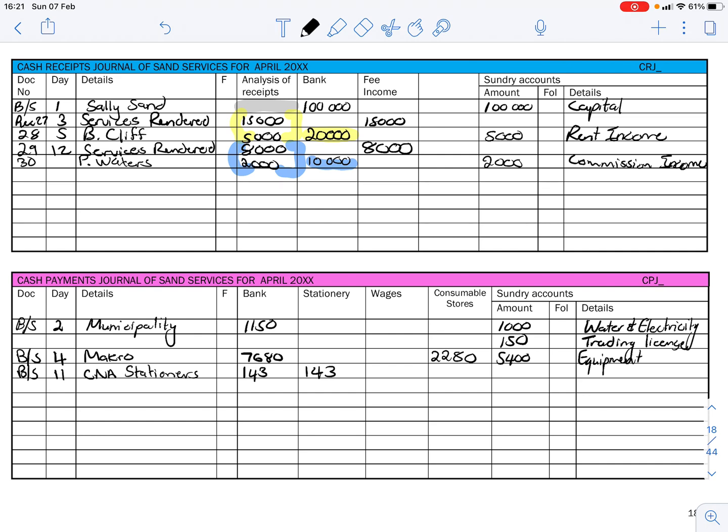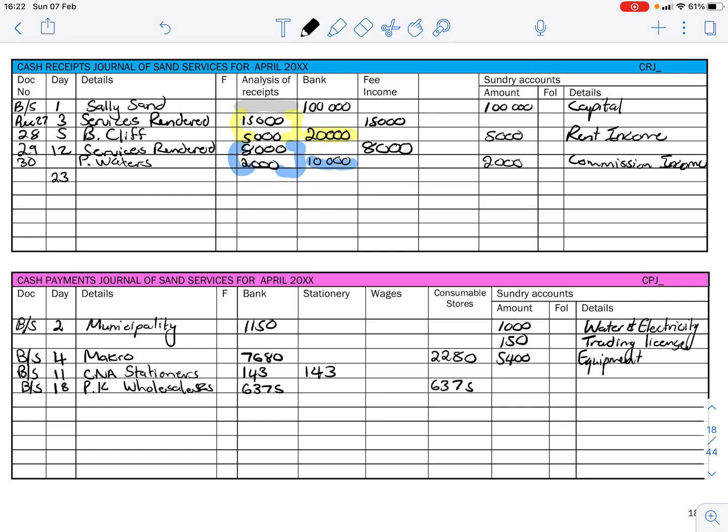Alright. On the 18th, we buy consumables from PK Wholesalers. Okay? So on the 18th, our source document is the bank statement. We are purchasing from PK Wholesalers, and this was 6,375 Rand for consumable stores. So we have 6,375 under consumable stores.